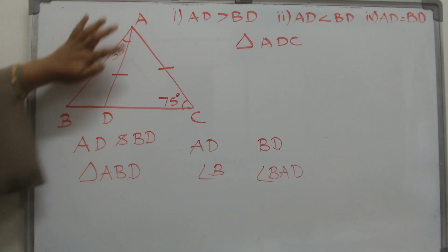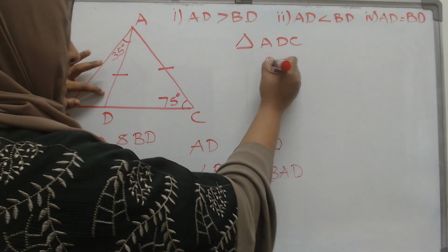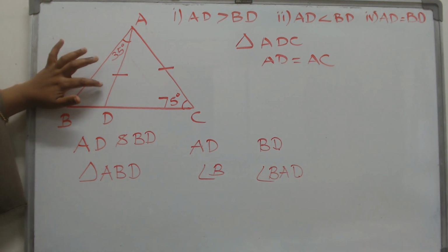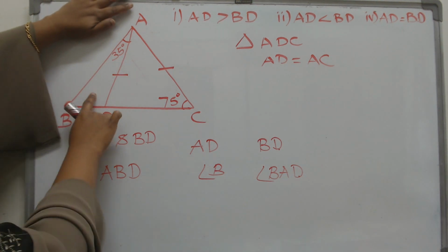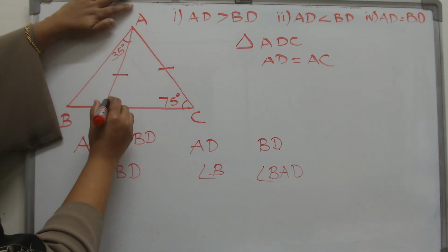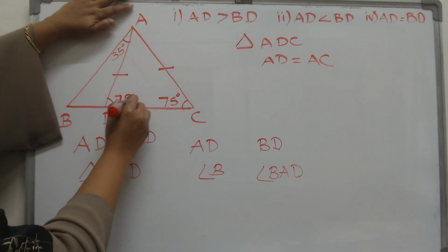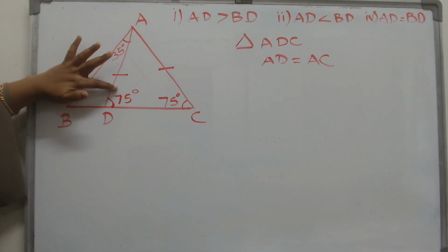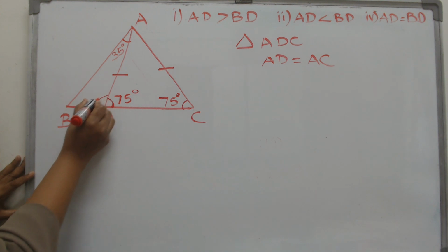And what is given? AD and AC are equal. What does that mean? Their opposite angles are equal. AD's opposite angle is here. AC's opposite angle is here. So this is also 75 degrees. Once this angle is 75, what will this angle be?